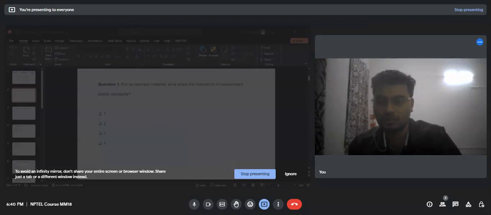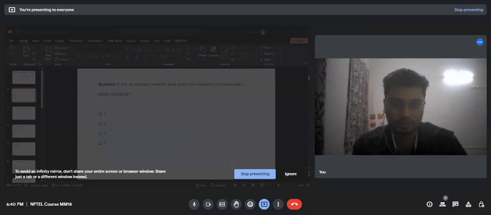So these two answers won't be correct. Then if we see orthotropic, the distance between the x, y, z axes, the atom or molecule distance won't be the same.